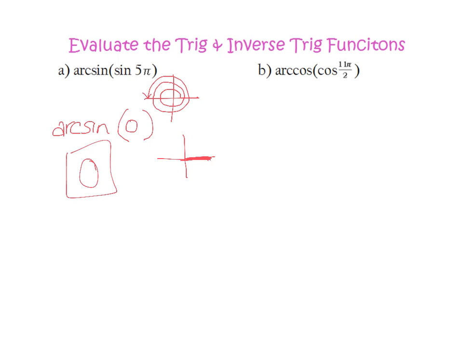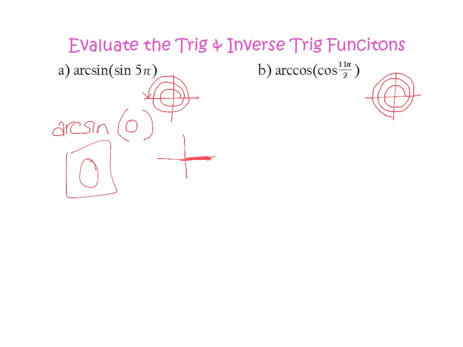Let's try it again. See how you're doing the inverse of the same type of function? You would think those would just cancel, except this is not in my acceptable range of values. Got to figure out where that's going to fall. 11 pi over 2. Here's 1/2 pi, 2 halves, 3 halves, 4 halves, 5 halves, 6 halves, 7 halves, 8 halves, 9 halves, 10 halves, 11 halves. I'm basically straight down.